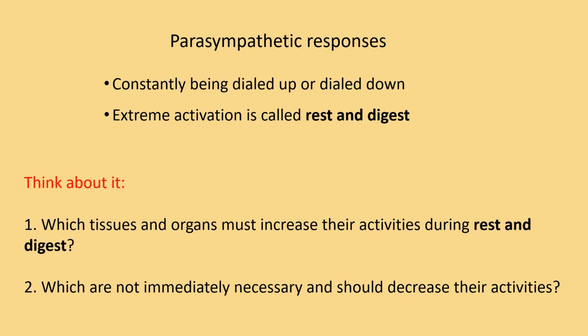And which organs and tissues are not immediately necessary and should decrease their activities? It's okay for your heart rate to slow. It's okay for your breathing to slow because you're resting. All right, so using these extremes, we can try to understand this model of fight or flight versus rest and digest.